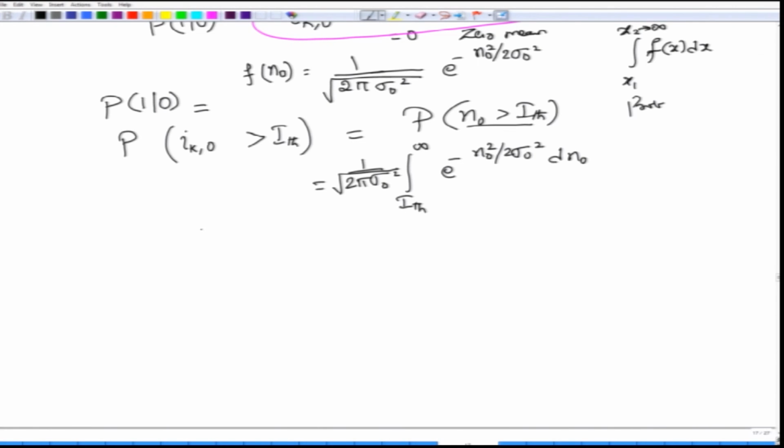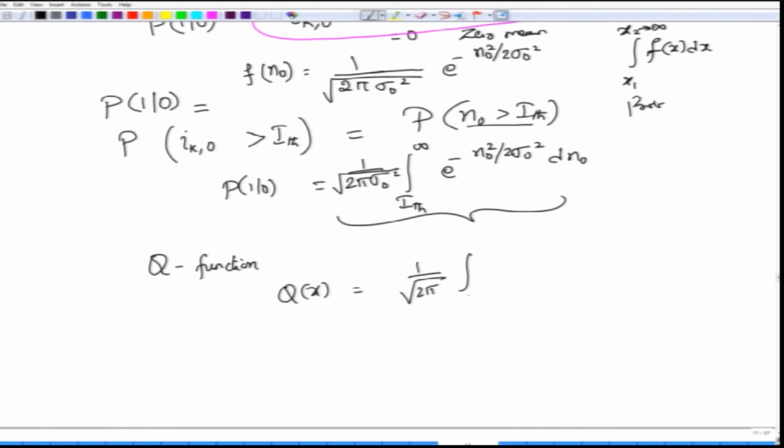I can relate this expression to what is called the Q function. The Q function is defined as Q of x equals square root of 1 by 2 pi, integral from x to infinity of e to the power minus the dummy variable squared by 2.